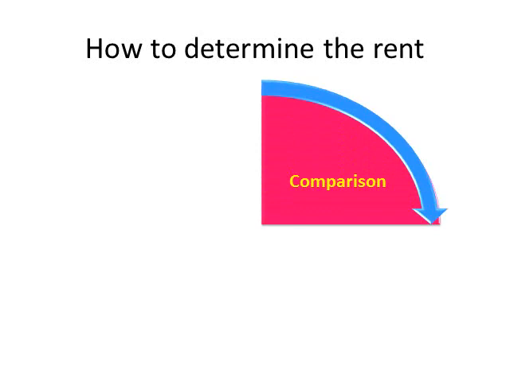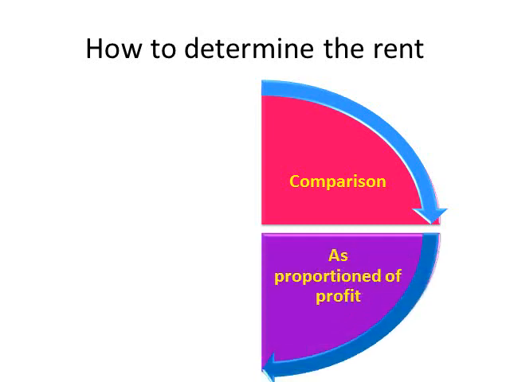Alright, so how to determine the rent? There are several methods to determine the rent. The first one is comparison. You can also determine the rent by looking at the proportion of the profit.